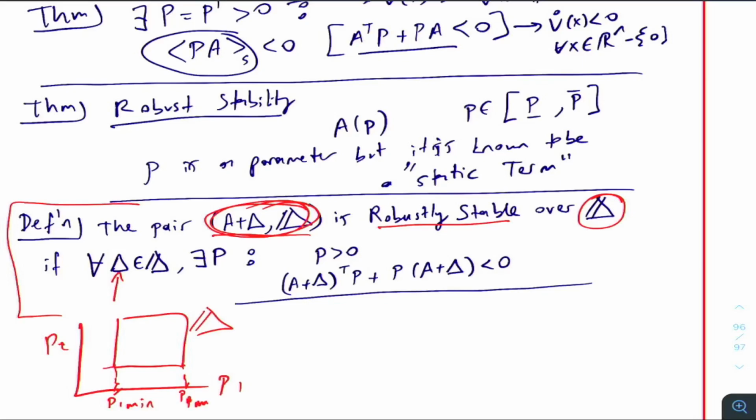Okay, here this is p2 min, and here this is p2 max. Okay, I should make that better. p2 min and p2 max. Okay, here this is the parameter space basically.